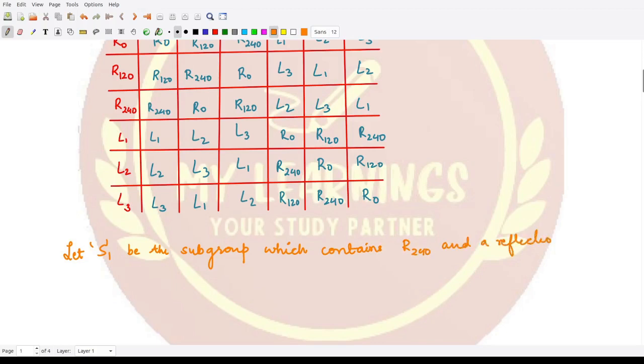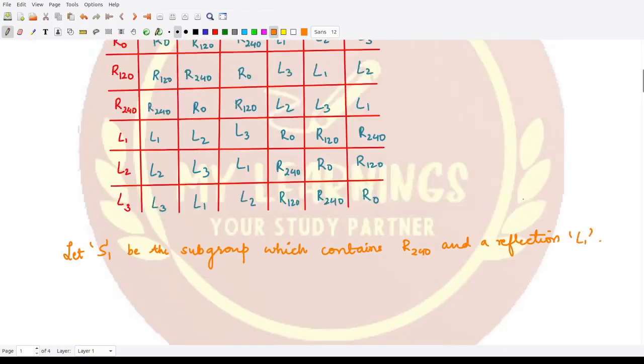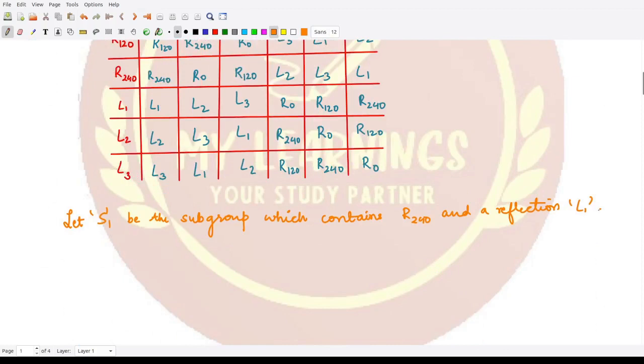Let's take a reflection to be L1, correct? They have named this F. F could be any of L1, L2 or L3.